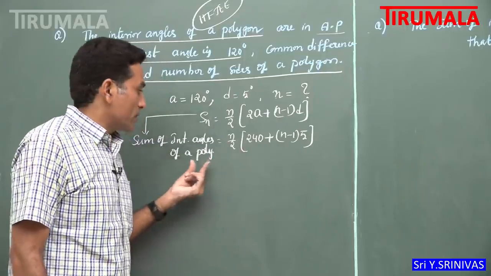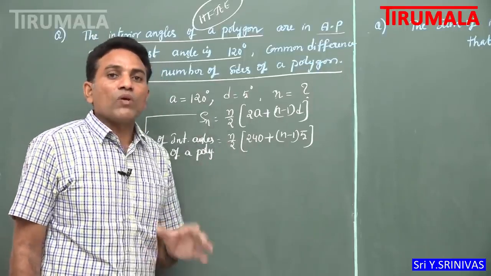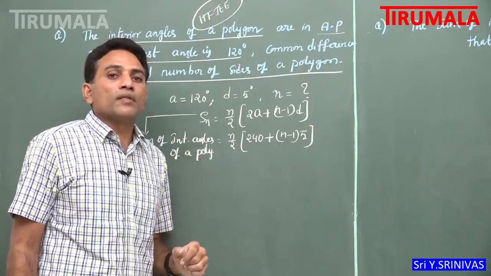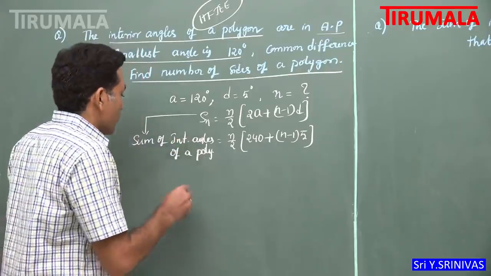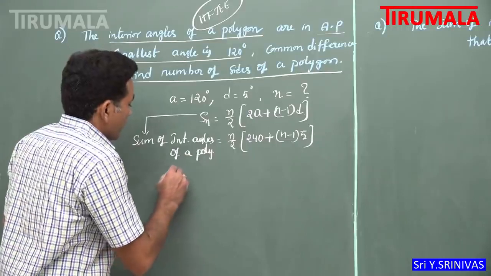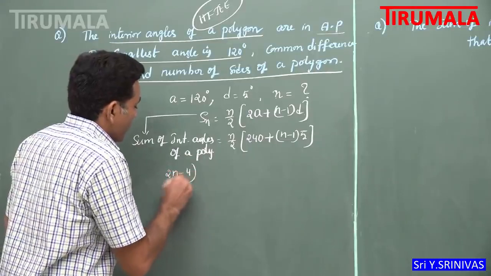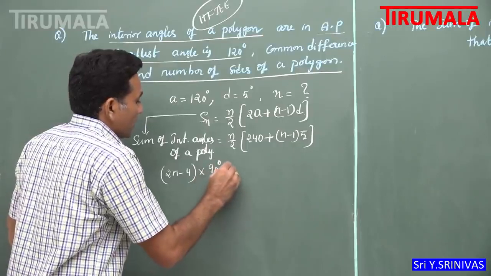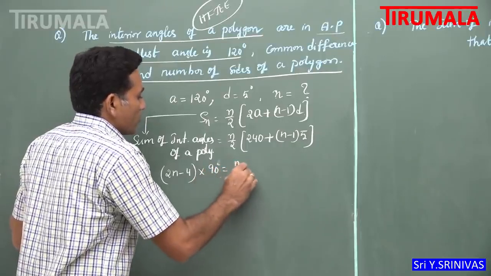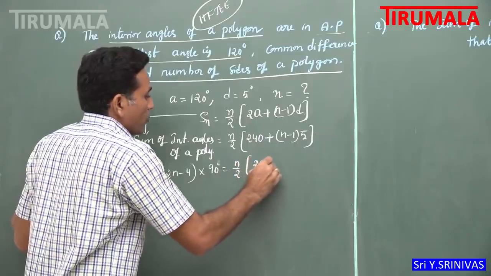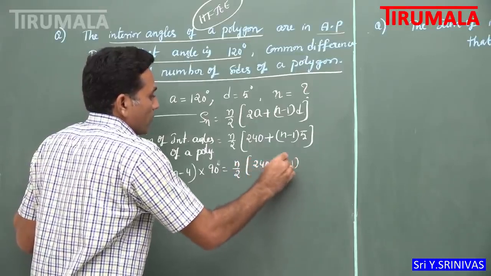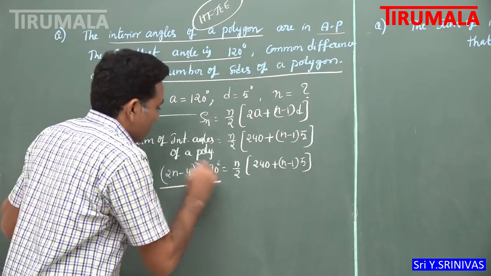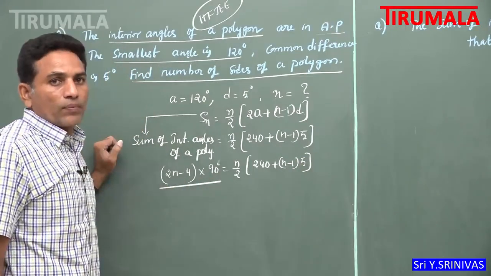On the other hand, in plane geometry, what is the sum of interior angles of a polygon? The sum of interior angles of a polygon is (2n minus 4) into right angles, that is 90 degrees. So (2n minus 4) into 90 is equal to n by 2 into (240 plus (n minus 1) into 5). It is also the sum of the interior angles of the polygon.